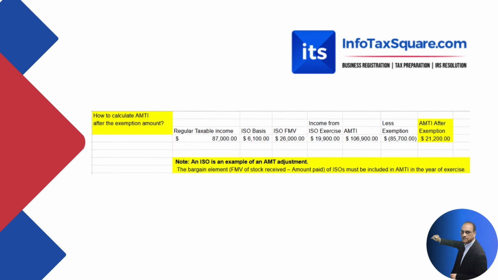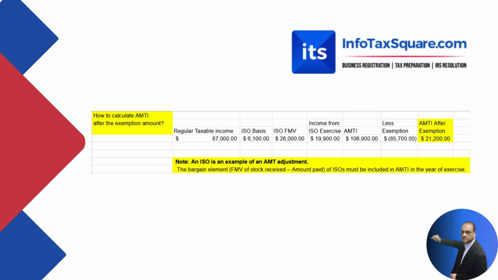So we have the data here. Kendall has a regular taxable income of $87,000. And we also have the exemption amount, as a single filer, which is $85,700. She excluded her ISO basis, so we have to include it in the income.